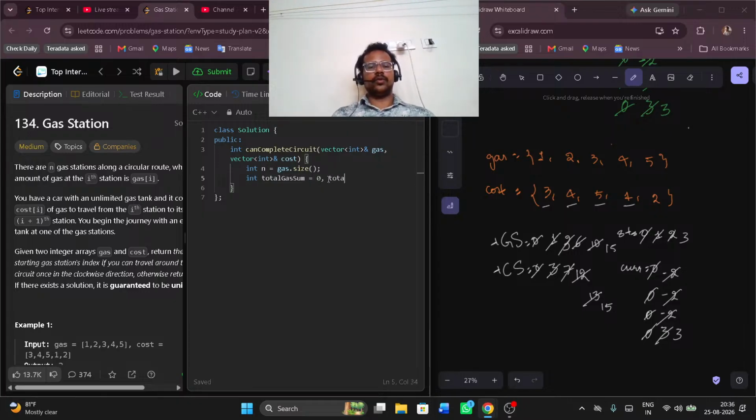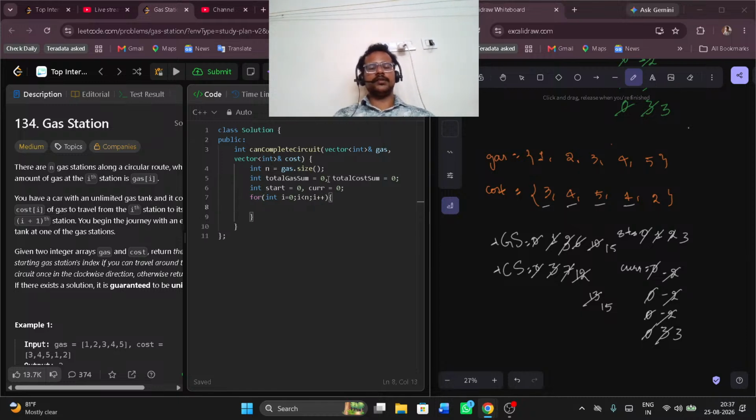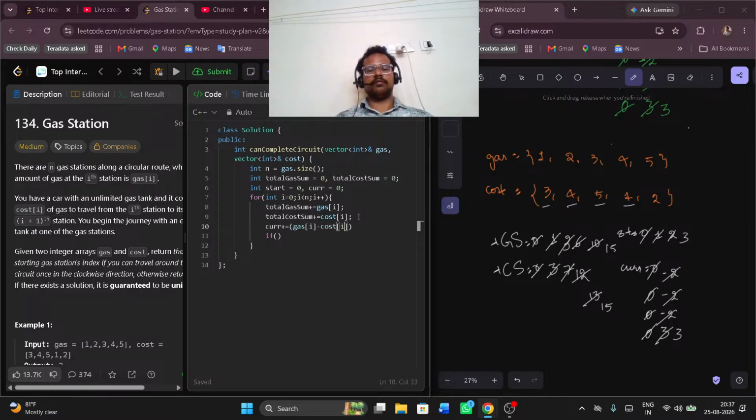Total gas sum, total cost sum is also equal to 0. Now int start is equal to 0, current is also equal to 0, for int i is equal to 0, i less than n, and i plus plus. What we are doing is total gas sum plus equal to gas of i, total cost sum plus equal to cost of i. Now I will have current plus equal to gas of i minus cost of i.